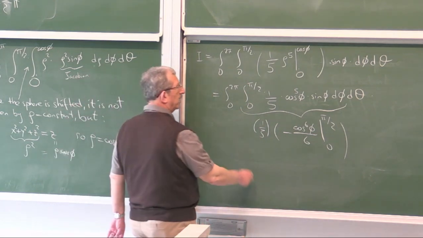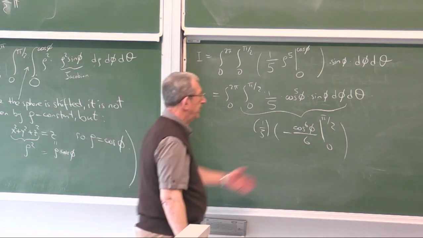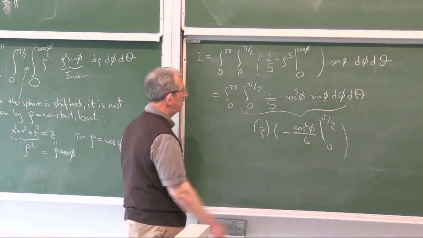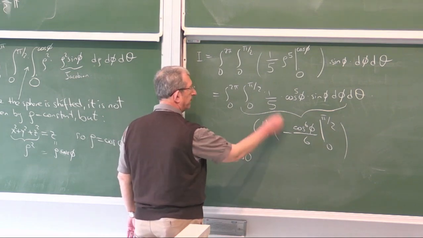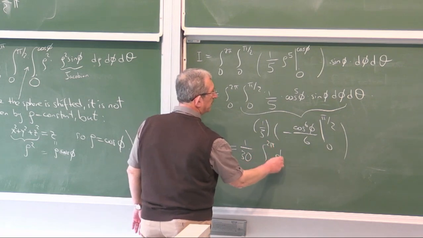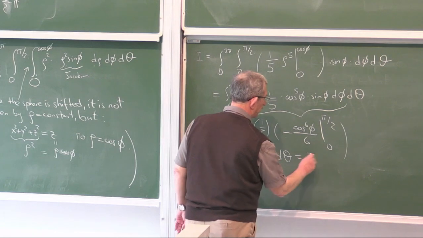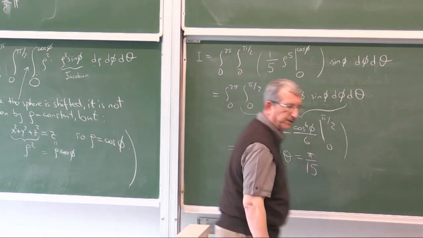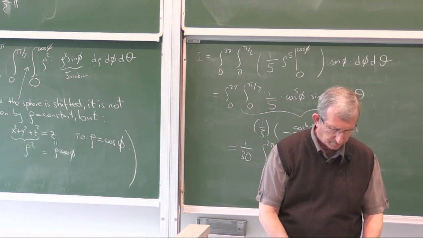Well, at pi over 2, we have 0 anyway. At 0, we have 1. So it is nothing but 1 over 30 times the integral from 0 to 2 pi of d theta, which happens to be pi over 15.